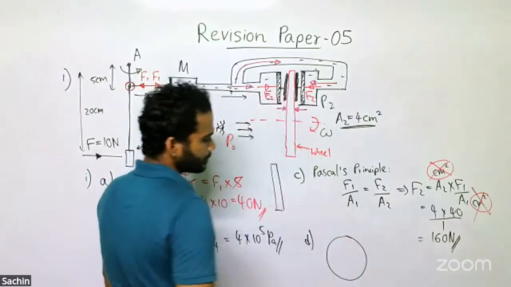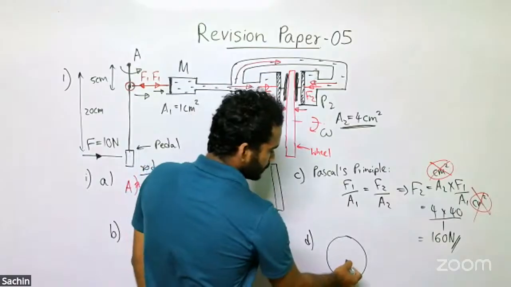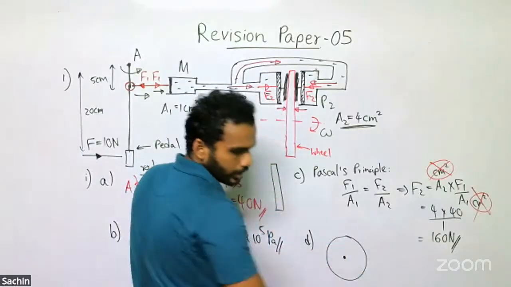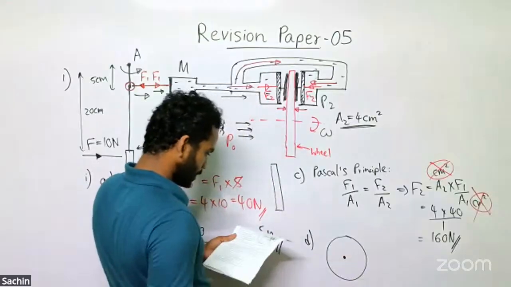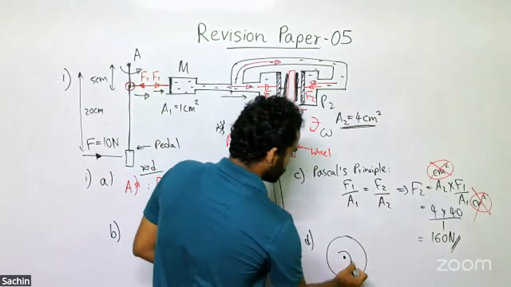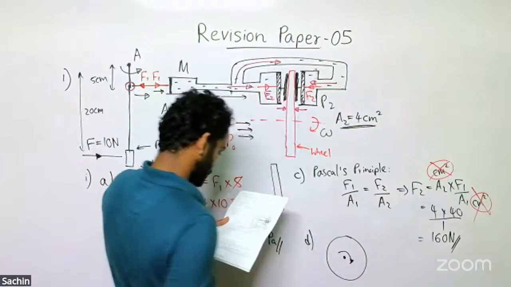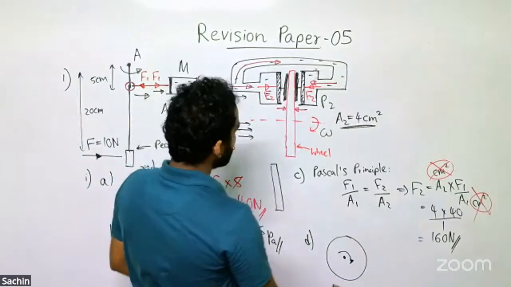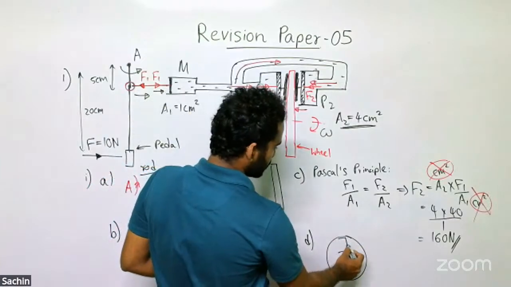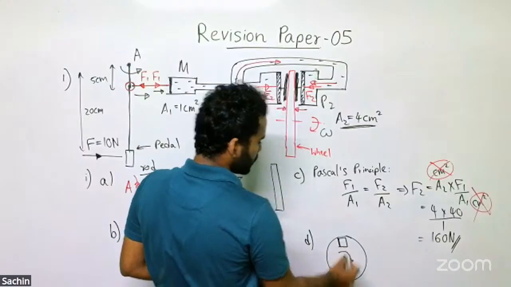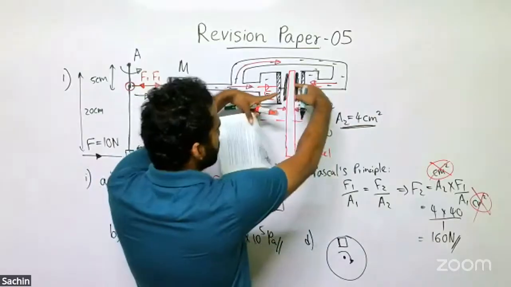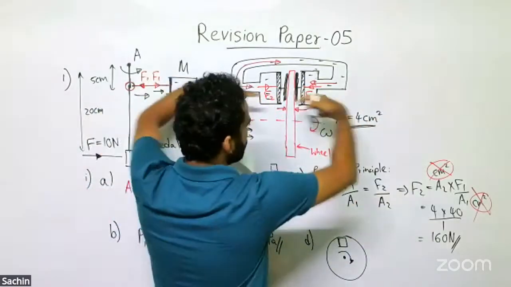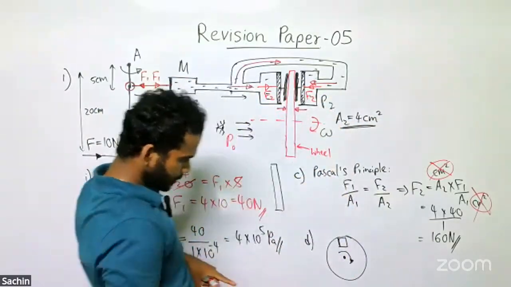I'll see the wheel like this, and this is the axis of rotation. It is going out from the board, perpendicular to the board, and this wheel is rotating. The brake pads are connected something like this, and they are pressing the wheel from both sides.